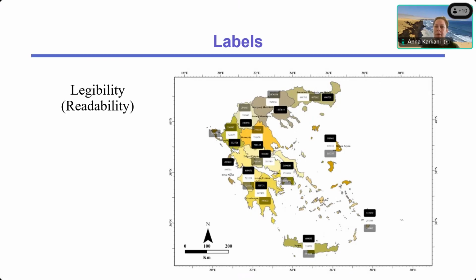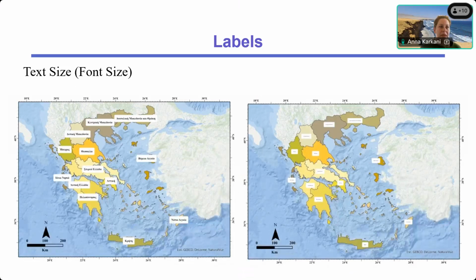We also have to keep in mind the orientation of the label text, the distance of the text in our label, and we have to try as much as possible to have the text of its label surrounded by enough space so that we don't hide other essential map features that we want to show, okay?